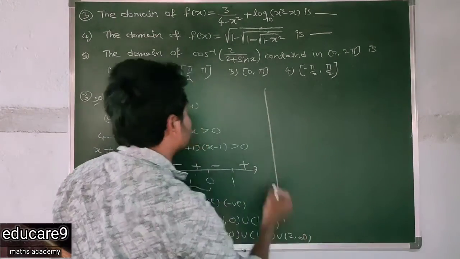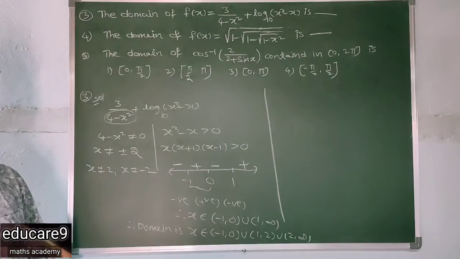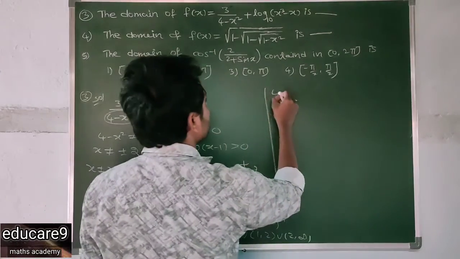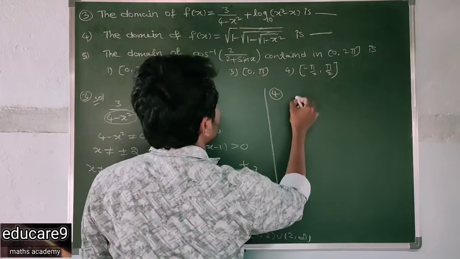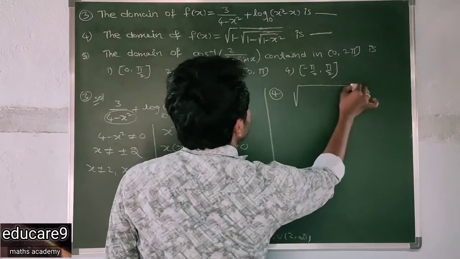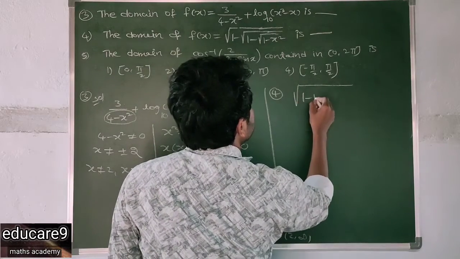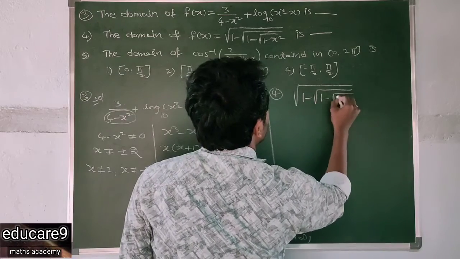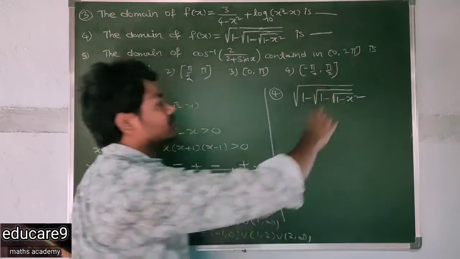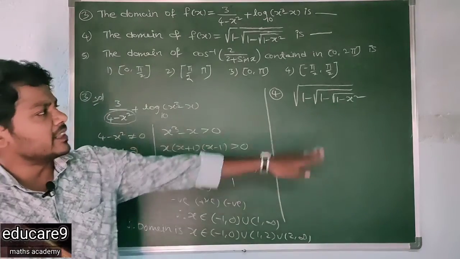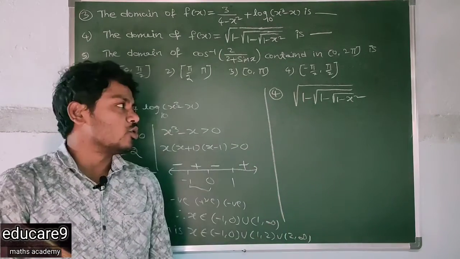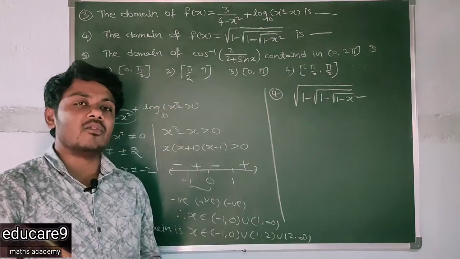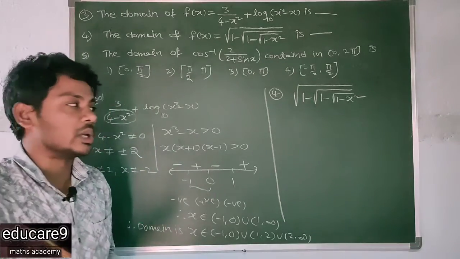Now see the next question. Question number 4. The given function is 1 minus square root of 1 minus square root of 1 minus x square. Clearly it is in the form of root f of x. Root f of x values are always greater than or equal to 0.